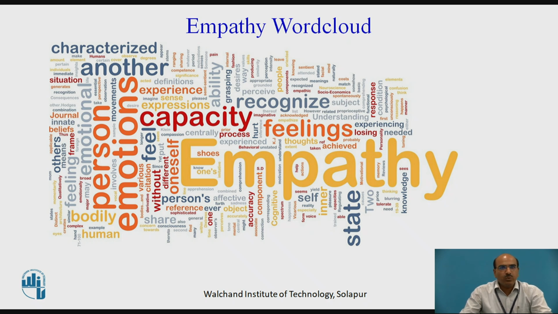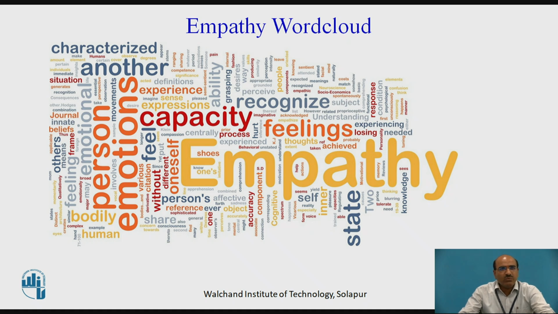Here, I have put an empathy word cloud before you so that you can concentrate on various types of words which come around the word empathy. Empathy is very much concentrating on feelings, a person's emotions, experiences, capacities, ability for grabbing, state of mind, and mind characteristics.